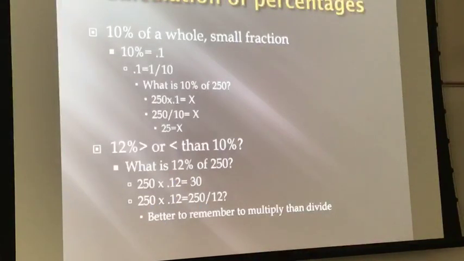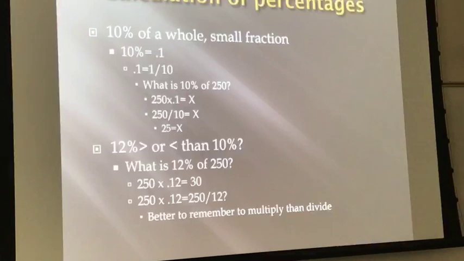So 10% is 10% of a whole, which is just a small fraction. All you've got to do is move the decimal point. 10% is the same as 1/10. Where it gets confusing sometimes is whenever we're talking about 10% of something and increasing by a percentage, and whenever we're using percentage and decimal to represent something different.